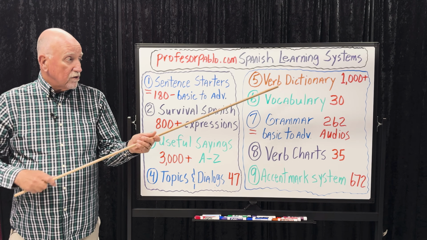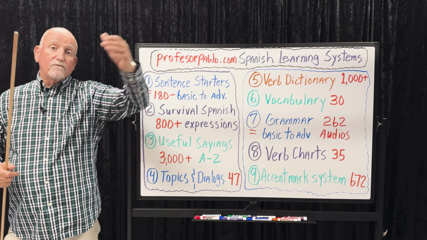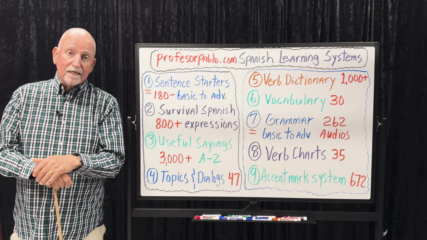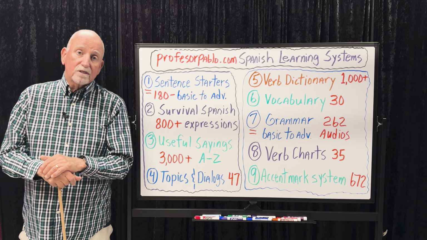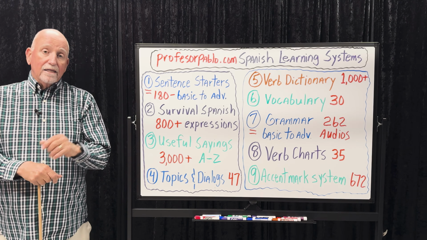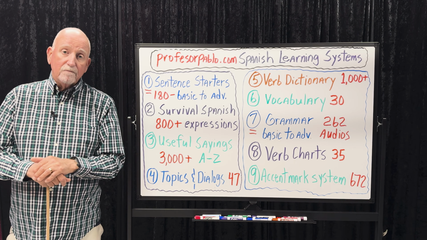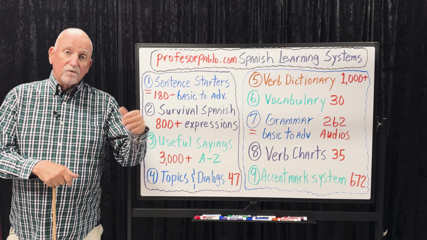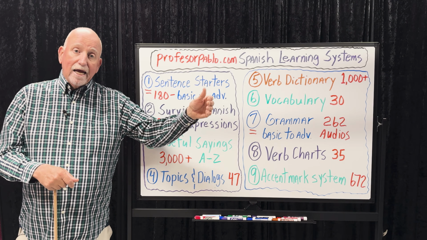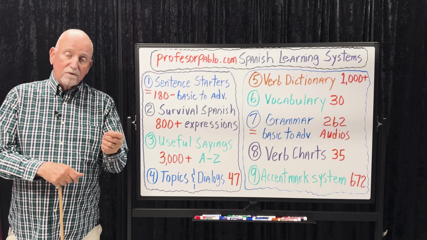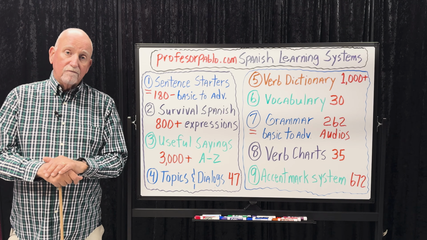All those verbs are listed alphabetically, but on the far right-hand side, it will tell you if it's a go verb, a ZC verb. It will tell you if it's an E to IE. And then it will tell you to the right of it, it'll give you the verb number. So it might say go, and it might have a 3 next to it and an 8, because that's telling you that the go is going to show up in the present tense 3 and 8, the present subjunctive.